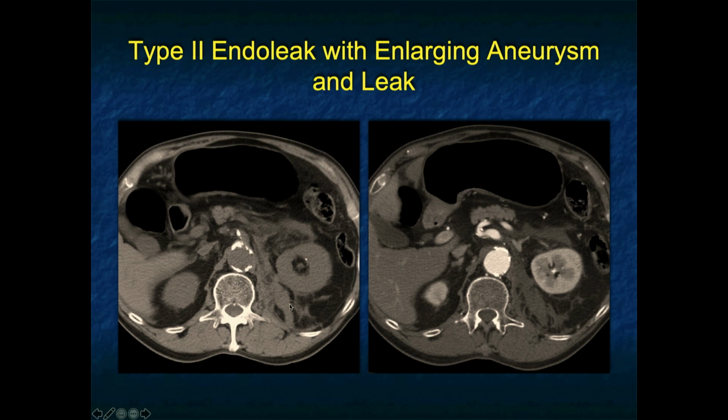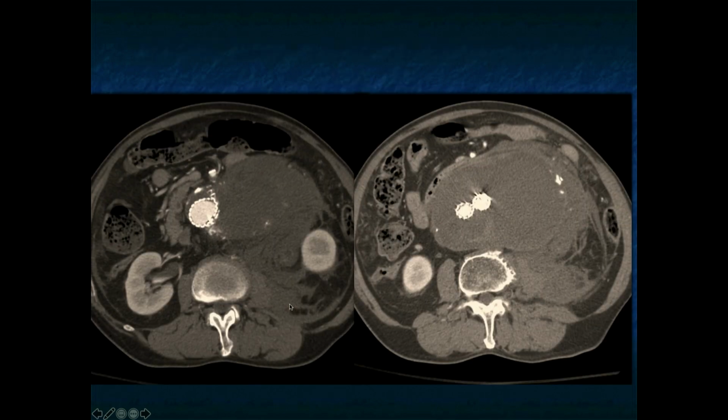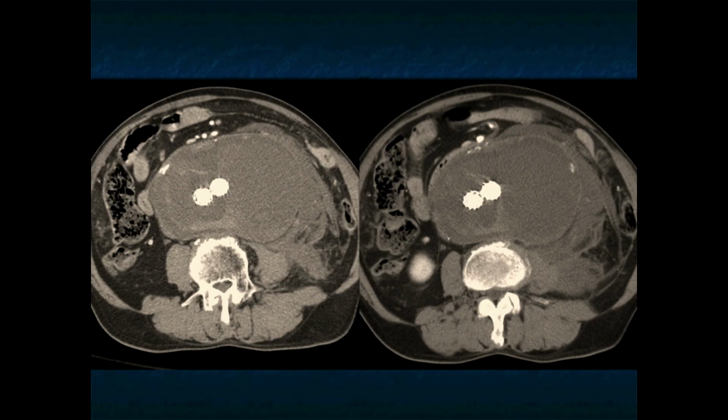retroperitoneal space, and you scan a little bit lower, look at the size of that aneurysm. So basically, this patient had repair, but the repair failed, and you can see this large aneurysm. This increased in size from roughly 6 centimeters to about 15 centimeters in a 3-month period. So often the expansion is not just a gradual process, but something that happens suddenly.